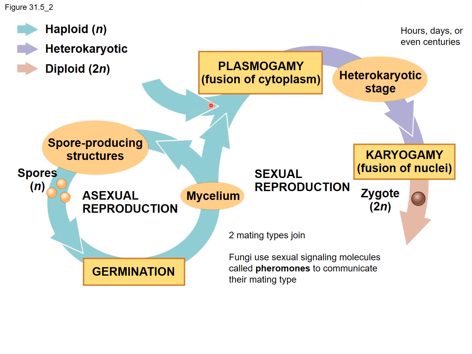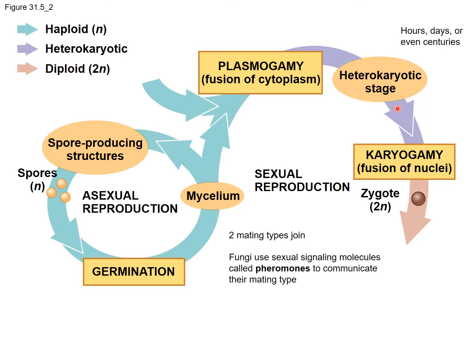So they're not genetically the same. When these hyphae fuse, this is called plasmogamy. This is where the cytoplasm fuses together, but the nuclei of each of the different mating types still stay separate. This is the heterokaryotic stage.